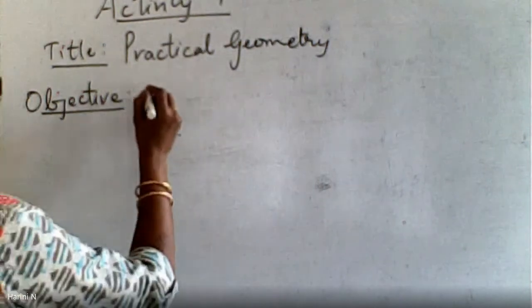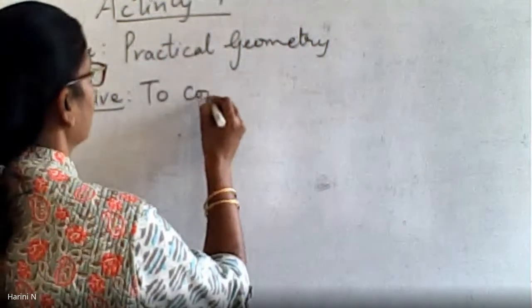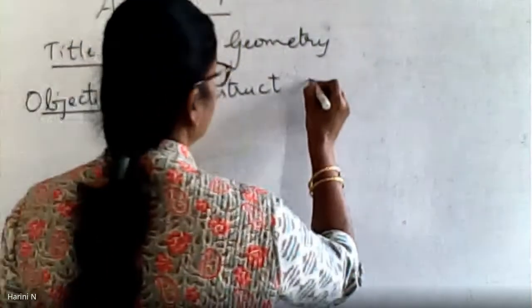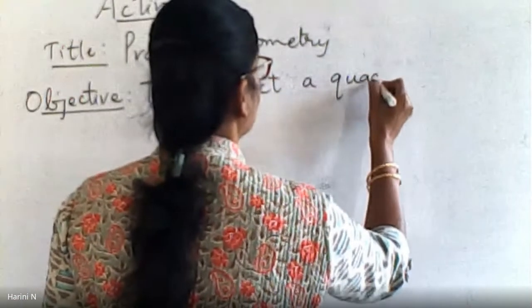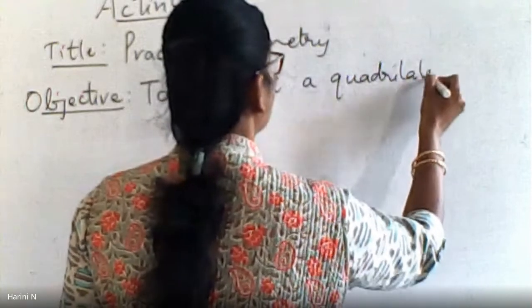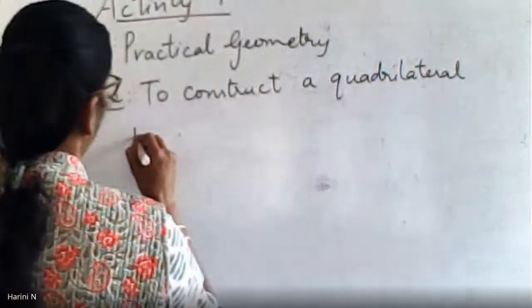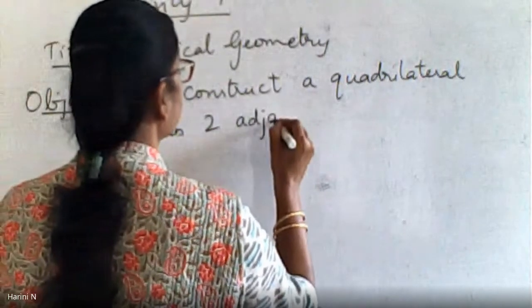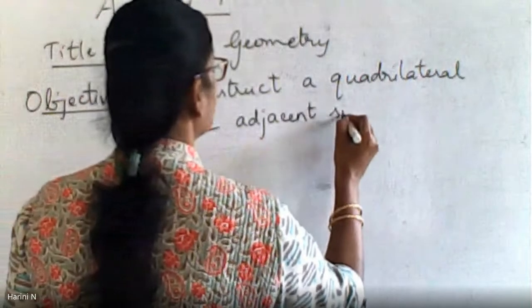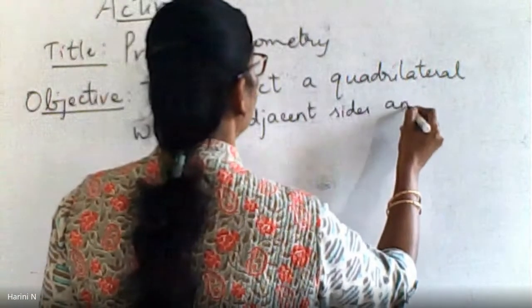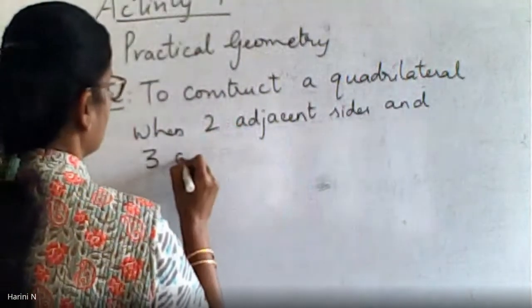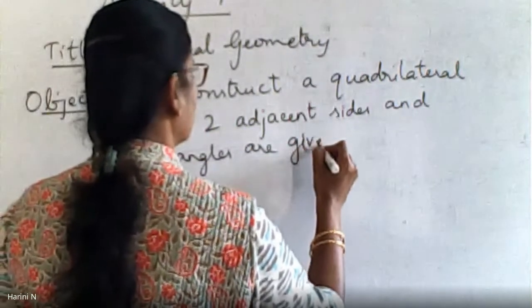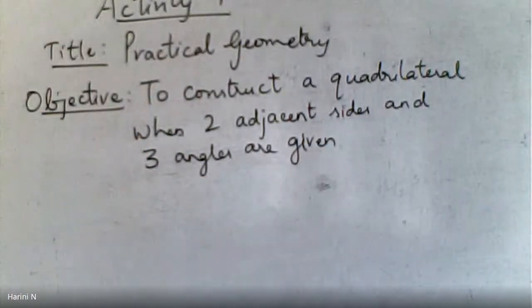What was the objective? To construct a quadrilateral when two adjacent sides and three angles are given. This is your objective. Right?